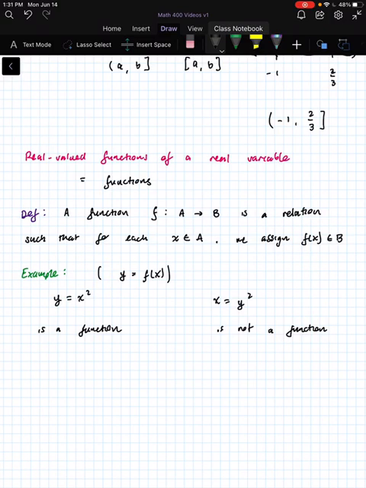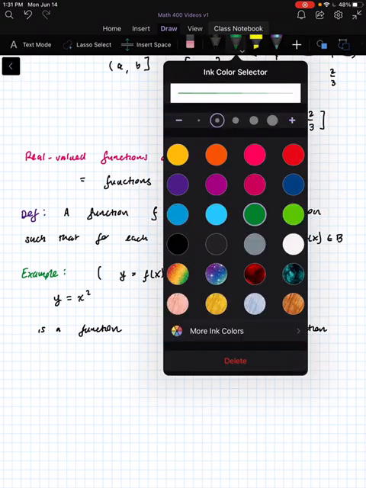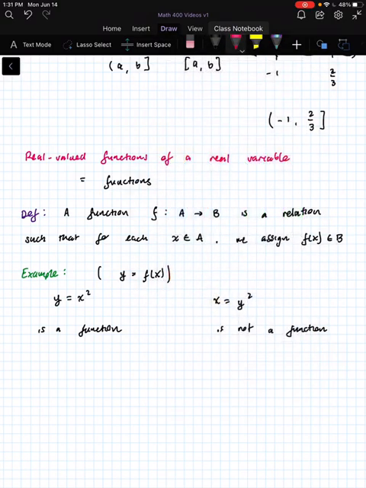We may actually get multiple. And so this makes it not well defined, or ill-defined. And for this, we say this is not a function. It's a relationship, but it's not a function.